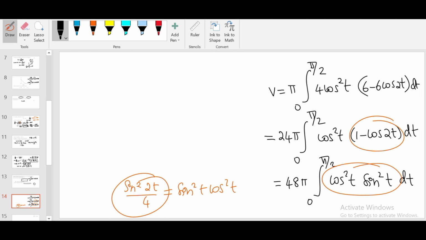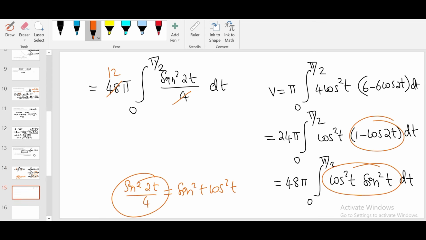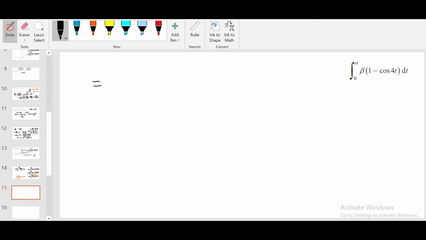So I'm going to get 48 pi integral 0 to pi over 2 sine square 2t over 4 dt. If you cancel 4 and this, it will be 12. So we have 12 pi integral 0 to pi over 2 sine square 2t dt.